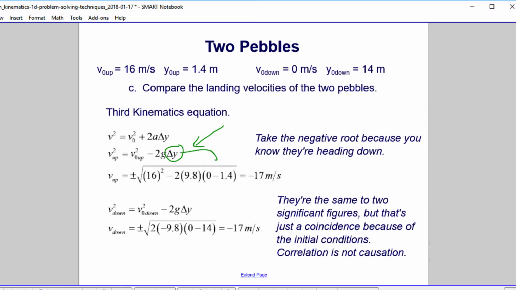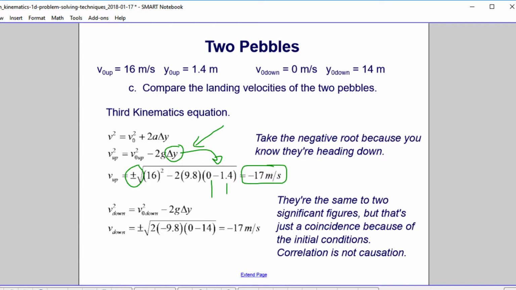And the displacement, your final position is 0, and your initial is 1.4. So we put the numbers in, and we come up with negative 17 meters per second, which is good because we know it's heading in the down direction. And why did we take the negative root? When you take the square root, it can be plus or minus. Well, you have to apply the physical condition to the math, and we know it's heading down when it falls, so we use a negative root.